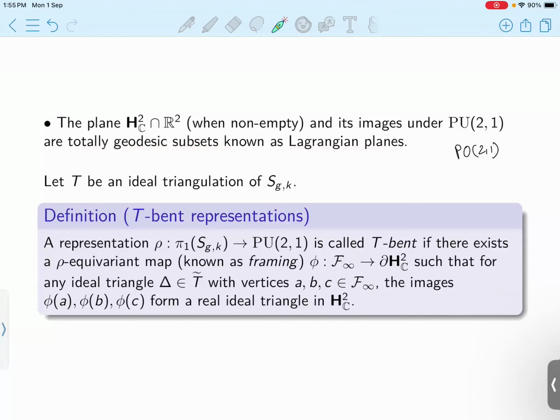The problem here is that we can't even bend along a complex plane. This is a case for real ideal triangles only. We can see it by computation also that complex planes have the holomorphic structure. But yes, you are right, these questions make sense in other Lie groups also. Thank you.